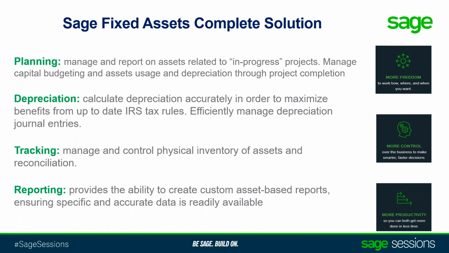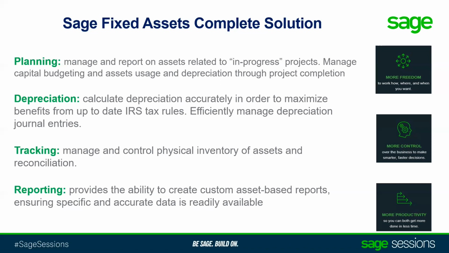The planning module will send assets to the depreciation module where they can be placed in service, all of your depreciation calculations handled, and of course, ensuring that you're meeting IRS or GAAP rules for proper depreciation calculation.